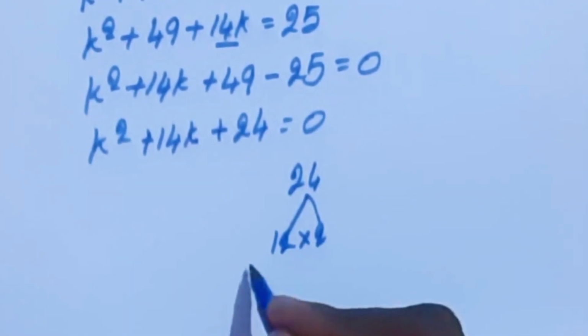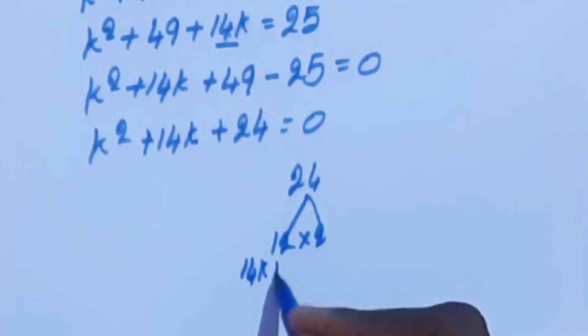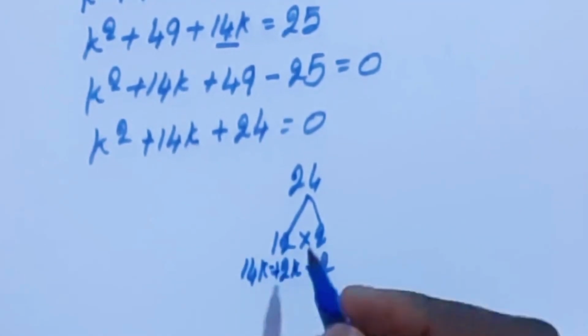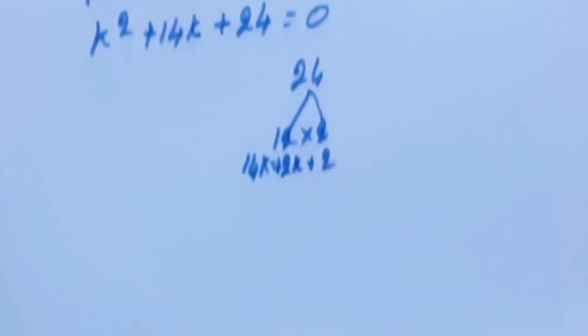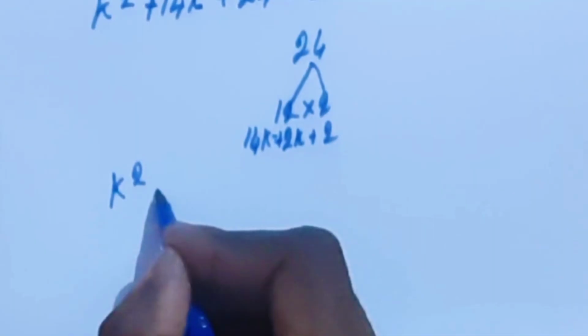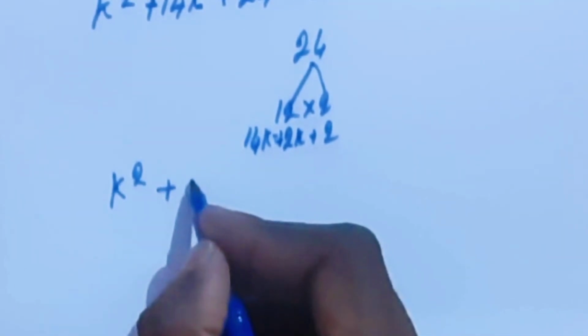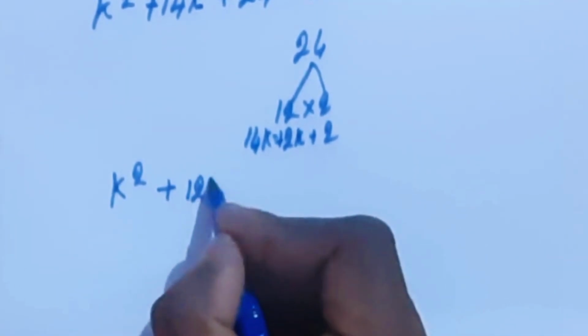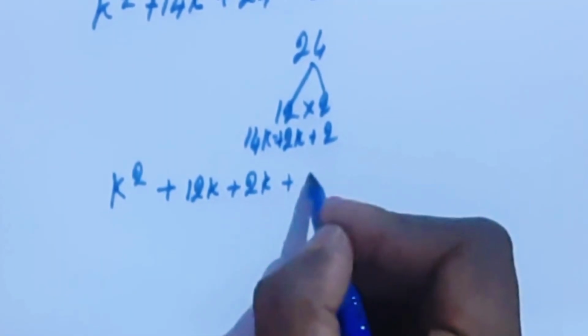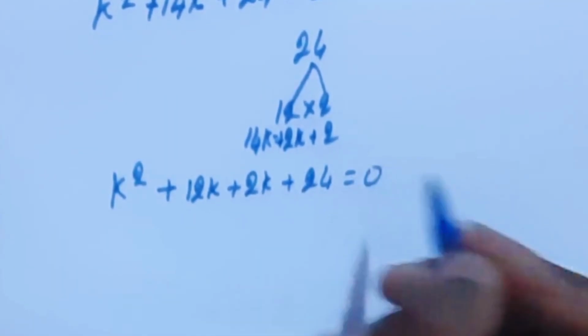Also this 14 can be written as 12 plus 2. So this we are going to apply here. So k square plus 12k plus 2k plus 24 equal to 0.